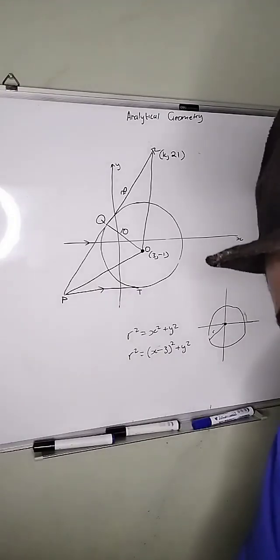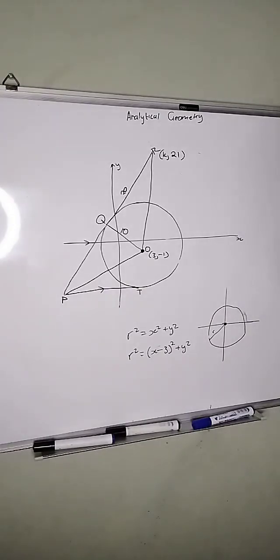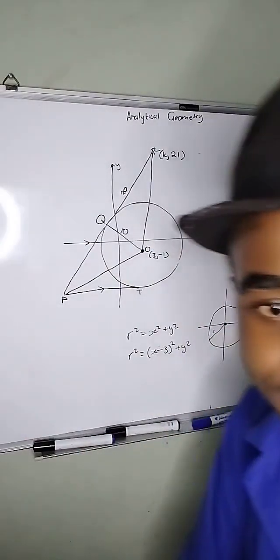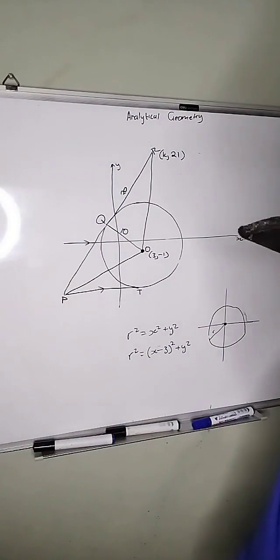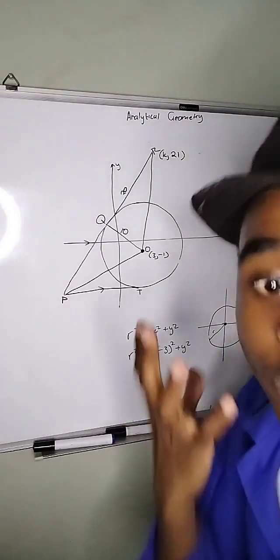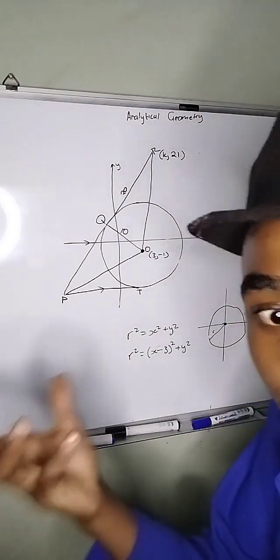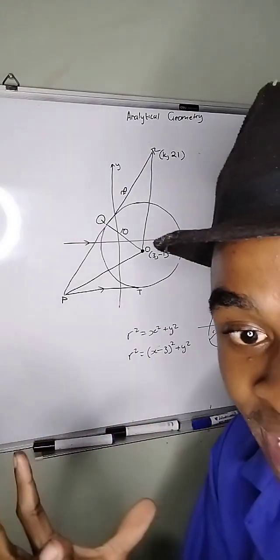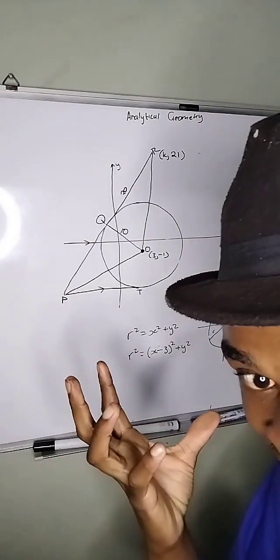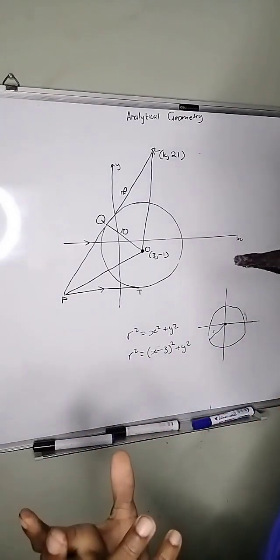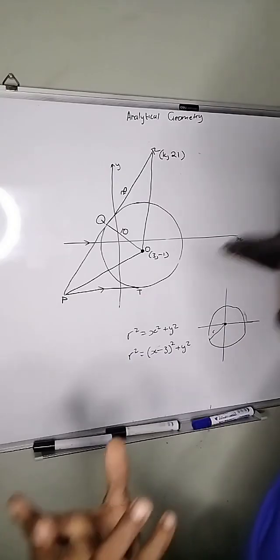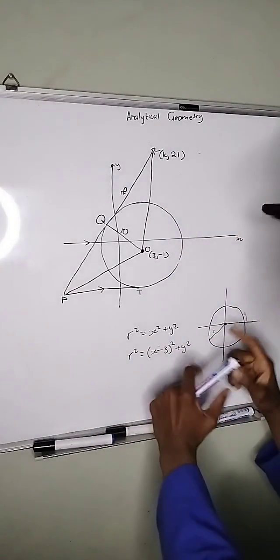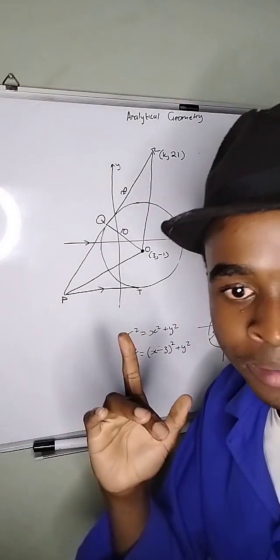Three units away. Yes, guys, it's 3 units to the right. From where? It moves 3 units to the right from where? From the origin. Thank you very much. From the origin, it moved 3 units to the right.